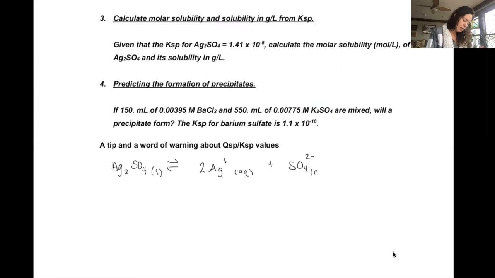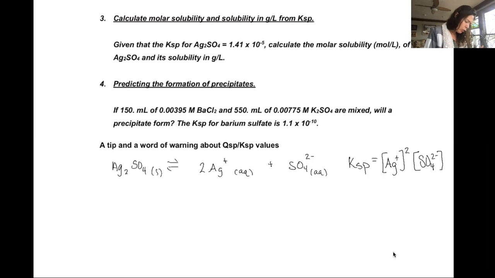I'm not going to write what Ksp equals yet, but I'll write Ksp equals, and make sure you pause for that. It'll be whatever we have defined the silver ion concentration to be squared, times whatever we have defined the sulfate concentration to be. That's what I need you to realize.